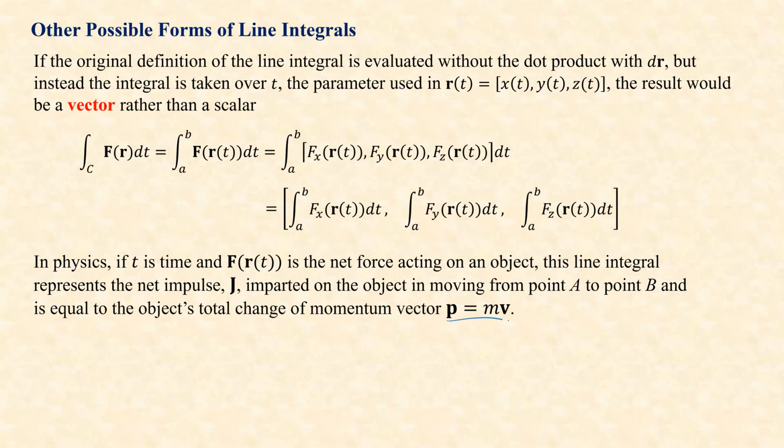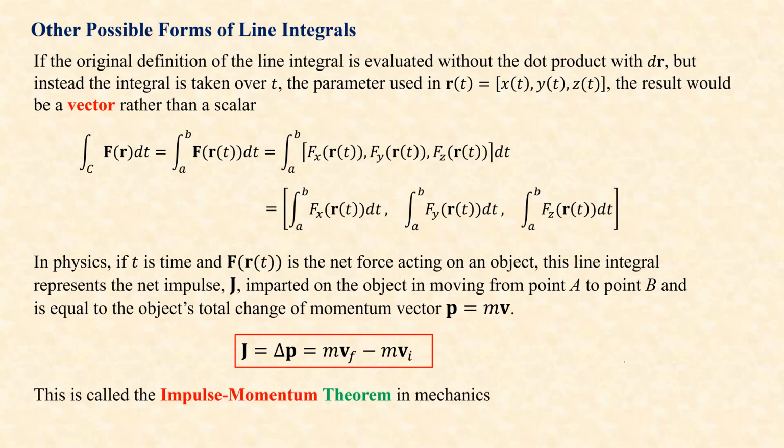Momentum is mv, and the total change in momentum vector becomes the impulse. So J becomes delta P. And that is mv final minus mv initial, or mv at point B minus mv at point A. This is called the impulse momentum theorem in mechanics.